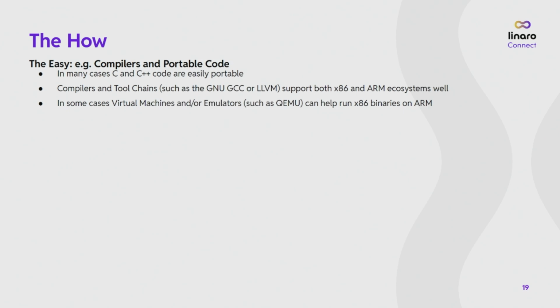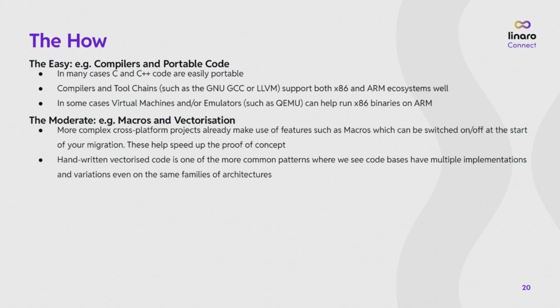You can get by and in many cases have multiple engineers work on the project to get your basic proof of concept running. Then there are the moderate stuff. More complex and more mature projects, they usually involve macros and bits of the code that are being selectively compiled depending on the target.